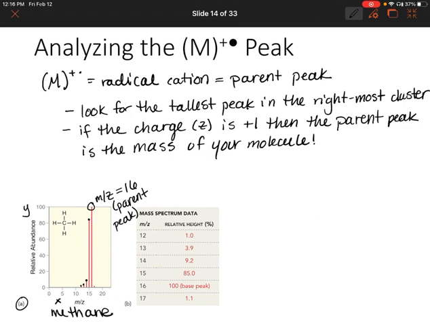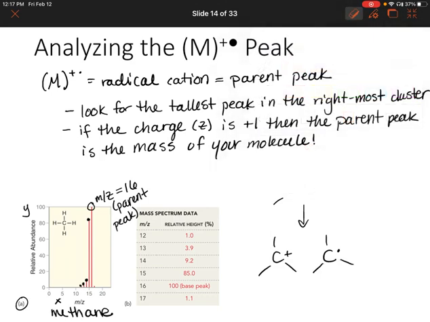So it's kind of similar to how our radical cation split apart and formed a carbocation and a radical. So we could lose hydrogens off of carbon in methane, and that's going to decrease the mass by 1 for every hydrogen that we lose. So if we lose one hydrogen, the mass is 15. If we lose another hydrogen, the mass is 14, and that will continue.